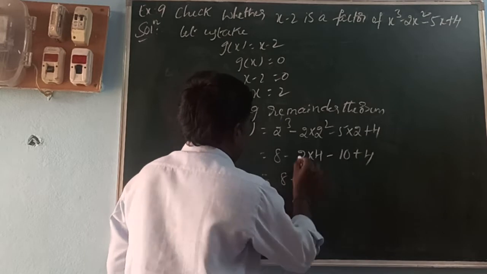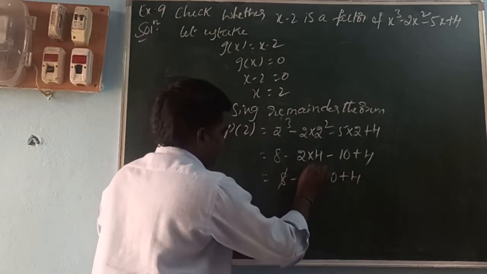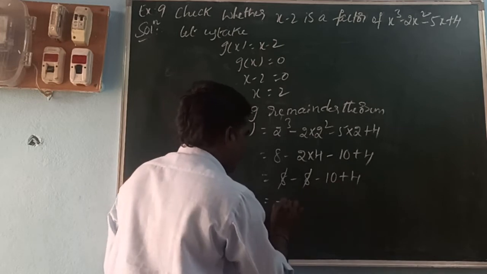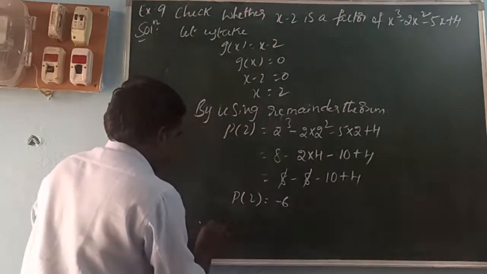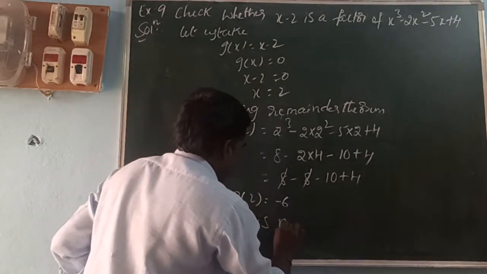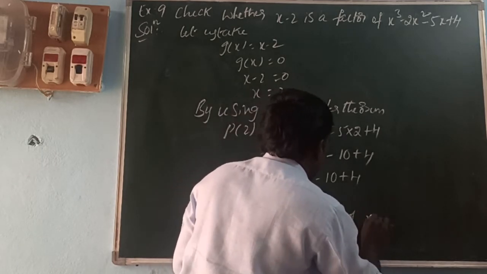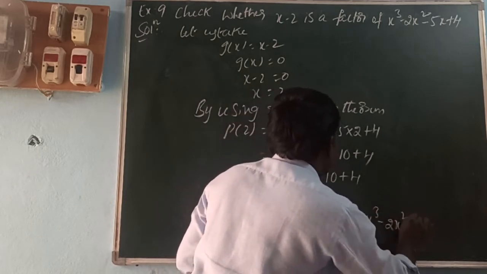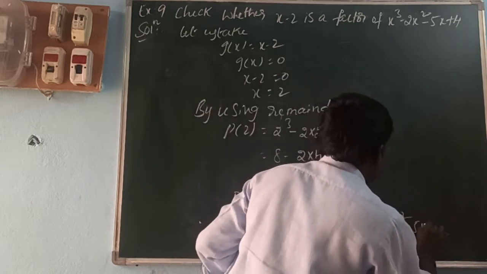So 8 minus 8 cancel, and minus 10 plus 4 is minus 6. Therefore p of 2 is equal to minus 6. So we get the remainder. Therefore x minus 2 is not a factor of x cube minus 2x square minus 5x plus 4.